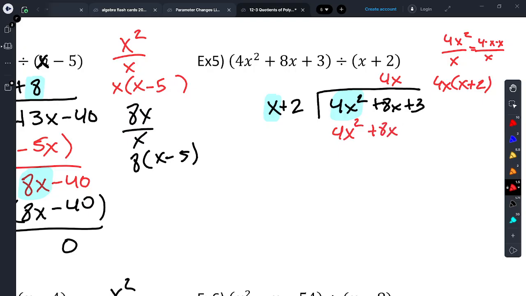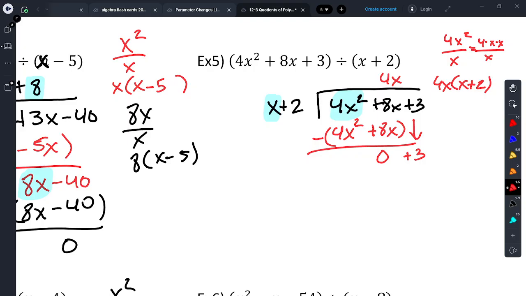What do I do with that number? Subtract the whole thing. Something weird happens here, right? What does that make? 0. Bring down the 3. How many times is x plus 2 going to go into 3? It can't.